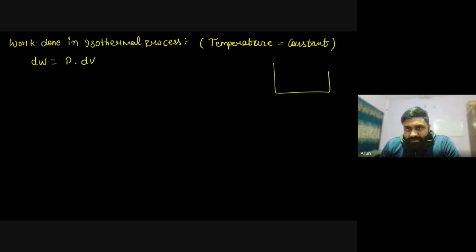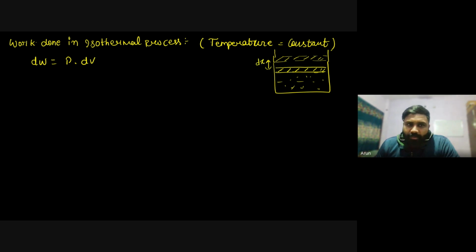This is the system we have, and this is the gas inside it. This is, let's say, the piston, and it has displaced by this much, let's say dx. So if you calculate the work done by the F dot dx formula, then also you will be left with pressure into change in volume. So I'm directly using this.